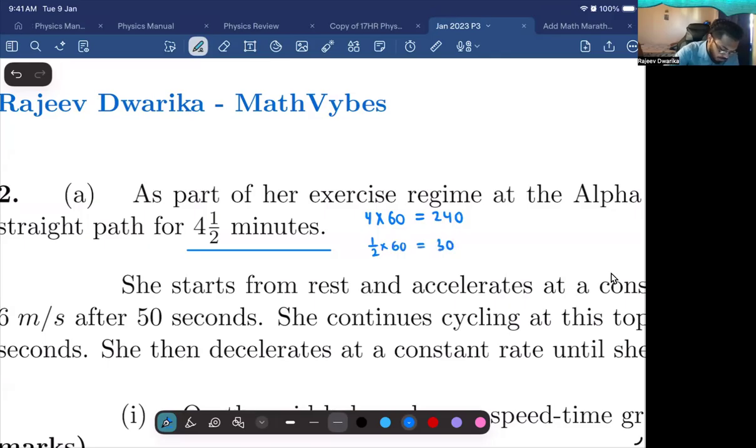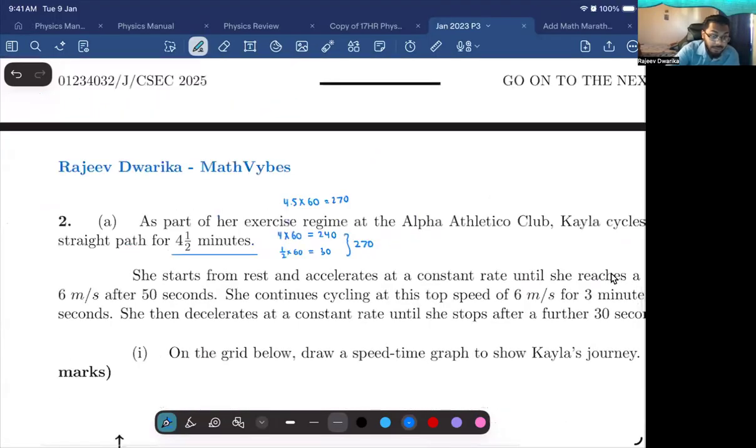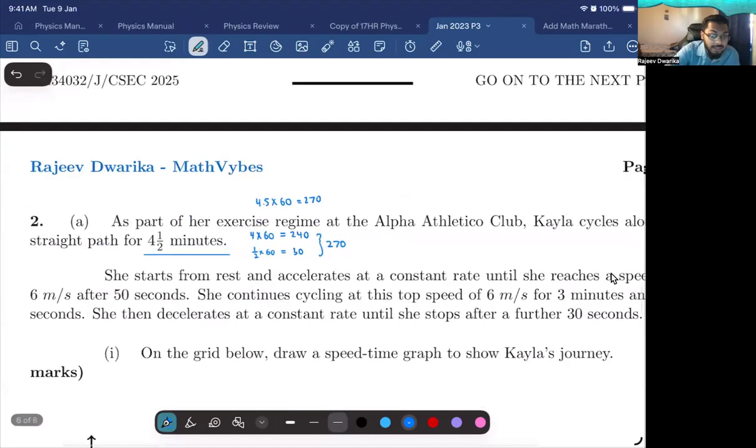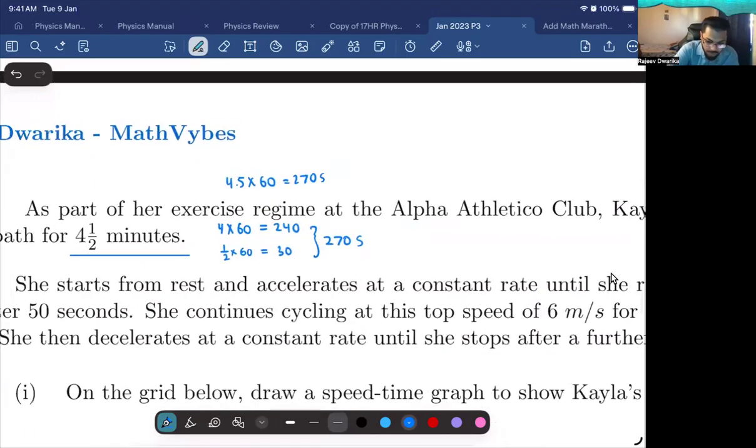So altogether, she would have cycled for how much time? 270. Or you could just say 4.5 by 60. All right, so does everybody understand that she cycled for 4.5 minutes, i.e., 270 seconds? Yes or no? Let me know if you understand.